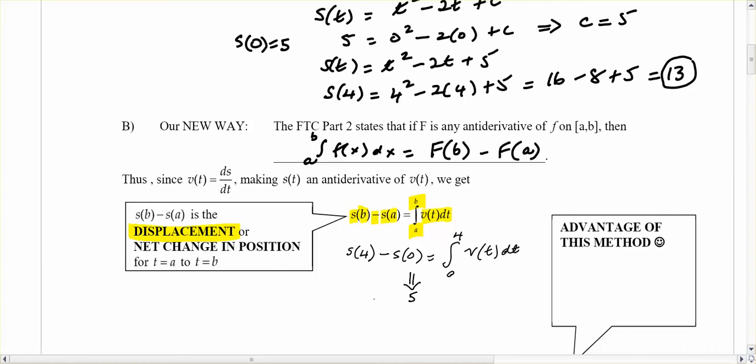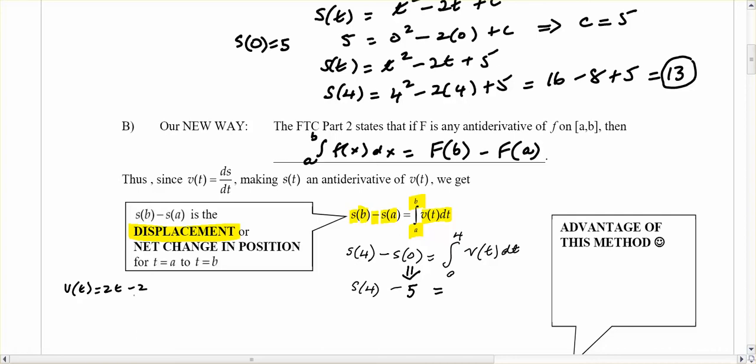We're looking for s of 4. That's what we were asked to find. So all we need to do is to come up with the definite integral, which we can do over on the side. The velocity function was what?